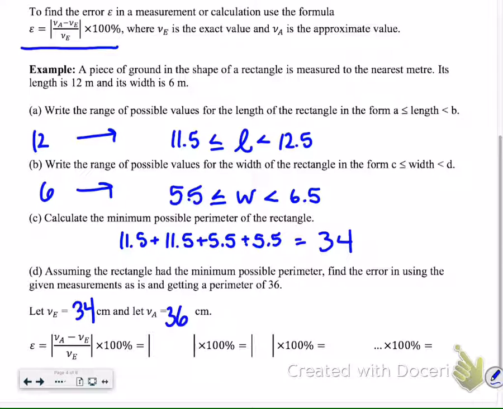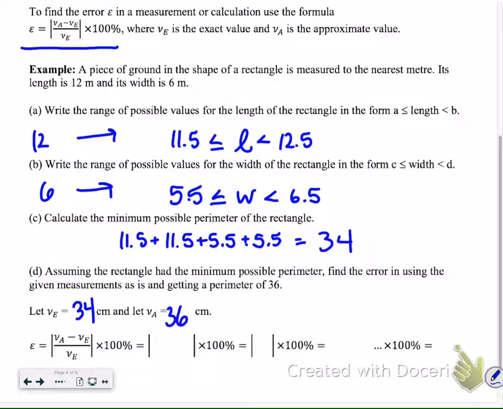And actually, it looks like here, I want the minimum to be, oh, yes, if I read the directions of my question, assume that the rectangle had the minimum possible perimeter. So that is our exact perimeter. But if I use those rounded measurements up in the example, the very beginning of the problem, then that means that my estimated value, approximate value, would be 36 centimeters.